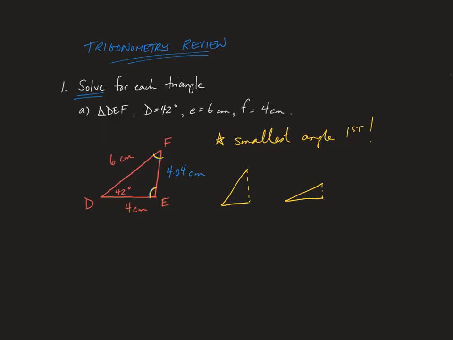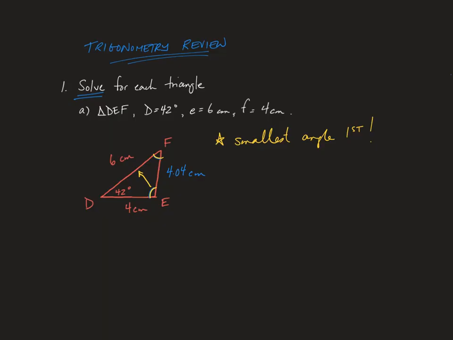So when I go to examine my triangle, if there was an obtuse angle, the only possible angle that could be obtuse would have to have the largest opposite side. That means that angle E could be obtuse.